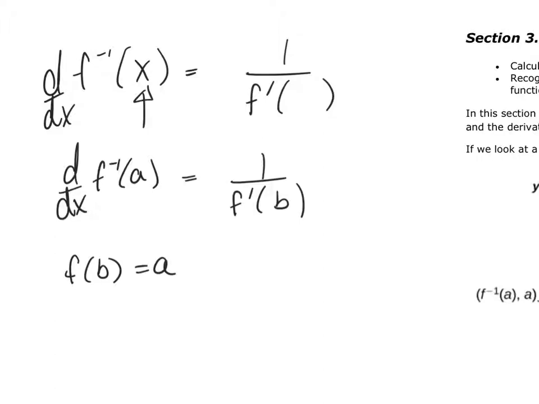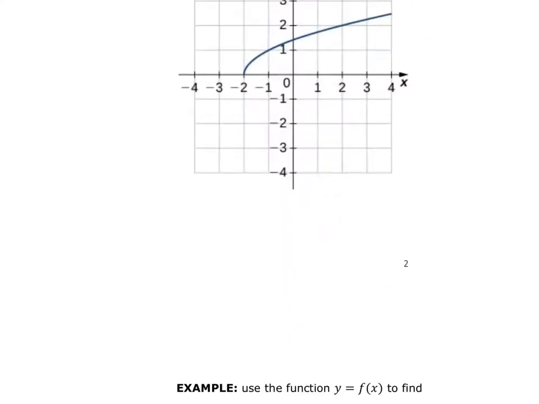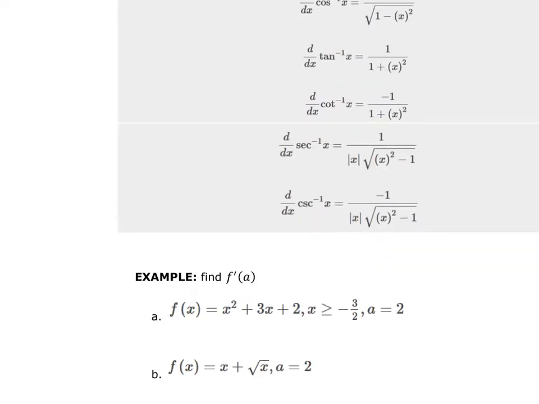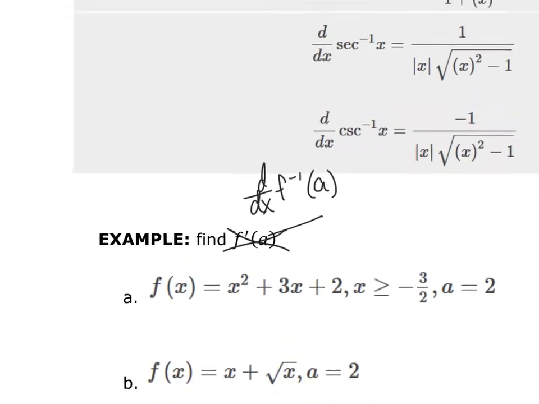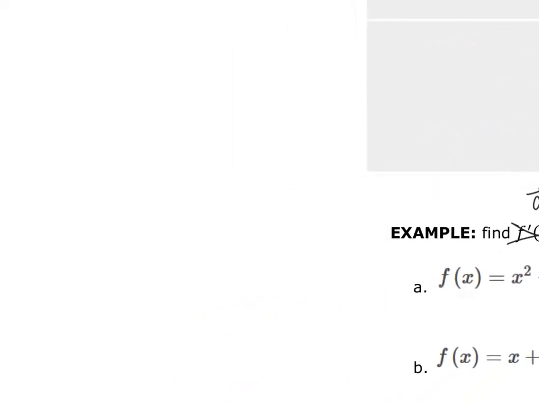So if we go down to our first example, ignoring all that, we'll do those in a minute. I'm asked to find the derivative of f inverse at my A value.